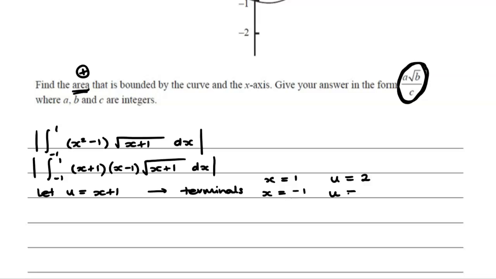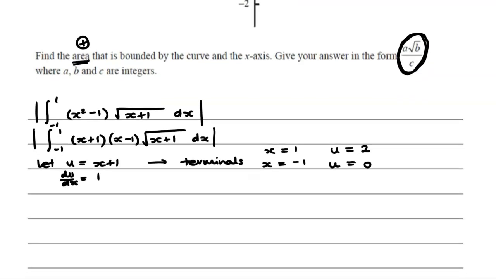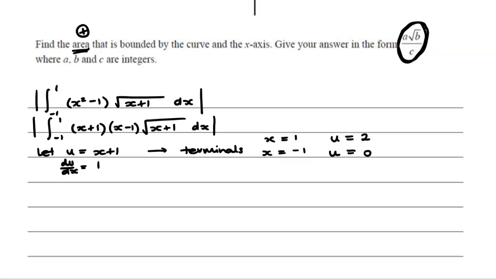Oh, and du dx will just be 1. So that's going to be quite nice because dx du will be 1, and we can replace the dx with a du. So let's rewrite this. We've got the magnitude. Instead of negative 1 to 1, we're going from 0 to 2 of u.